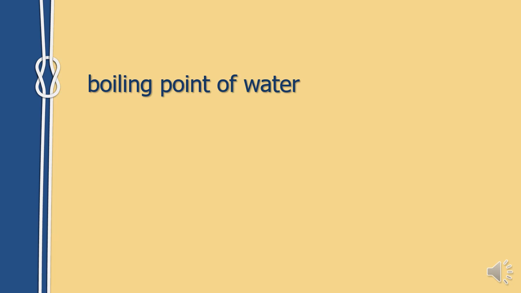All right, now there are some temperatures that we need to remember on the Celsius scale. The first one is the boiling point of water. Does anyone remember what the boiling point of water is on the Celsius scale? Maybe you've heard this before. If you said 100 degrees, you would be exactly right. Pretty easy one to remember, isn't it? So water boils at 100 degrees Celsius.